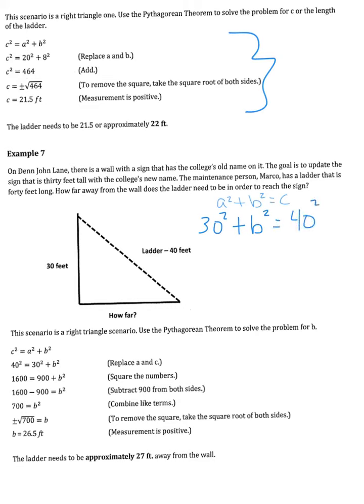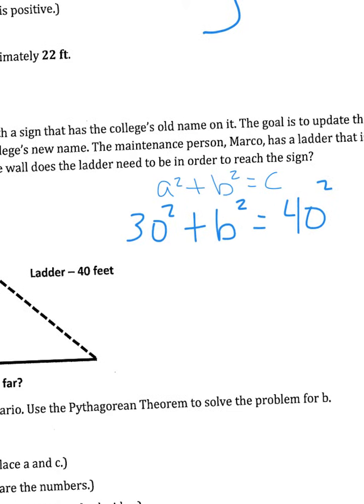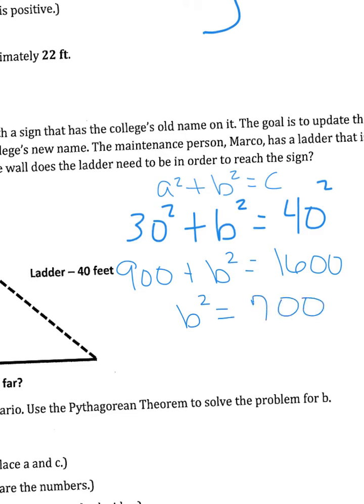And then we will simplify and solve for b. So 30 squared is 900. 40 squared is 1600. To solve for b, we're going to have to isolate this, so we'll subtract this 900 on both sides. That would give us b squared equals 700.